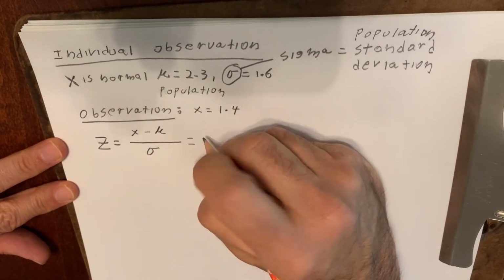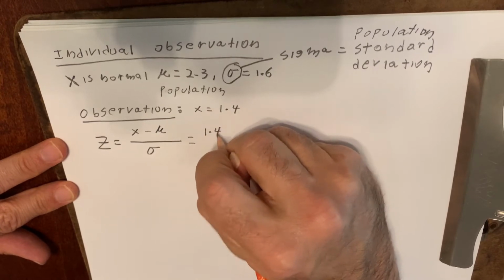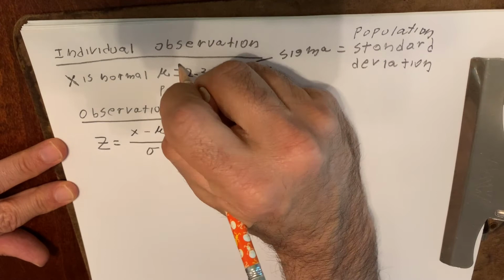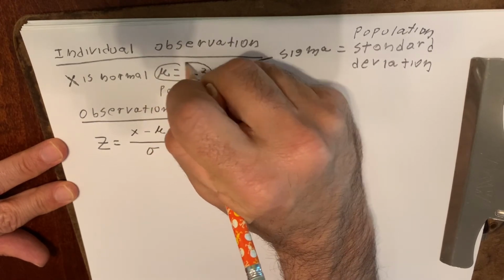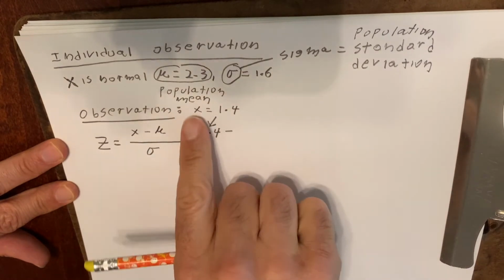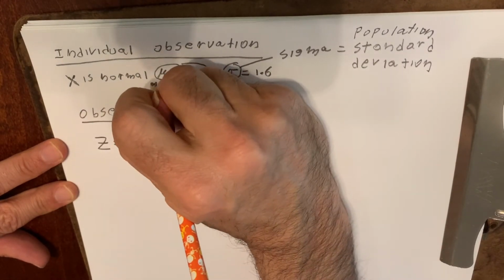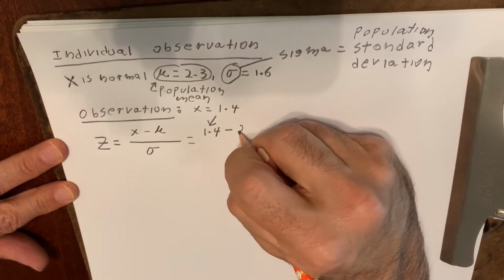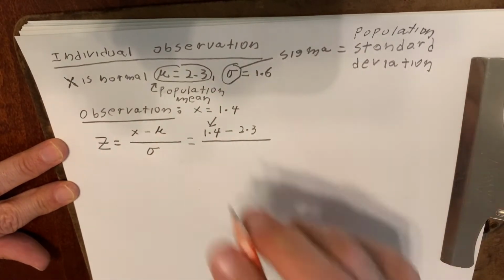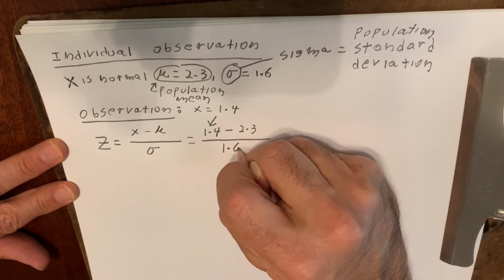So all we do is we take the 1.4, which comes from here, and we subtract the population mean, which is 2.3, and we divide this by the standard deviation, which is 1.6.